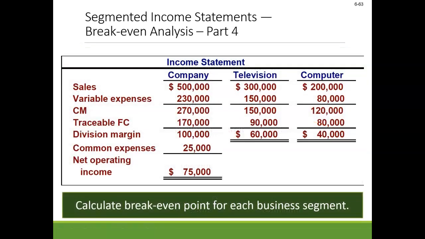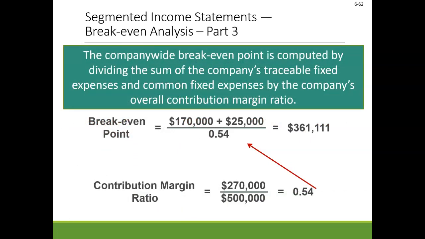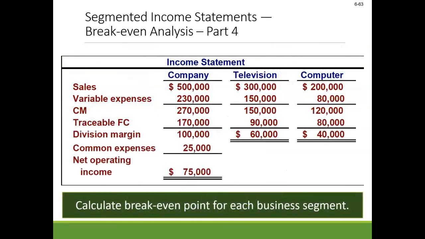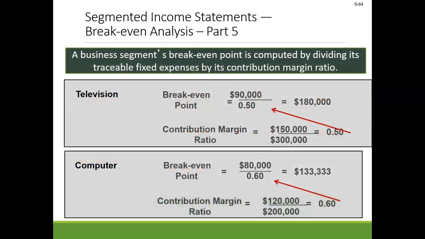If we have fixed expenses of the 170 and the 25, let me just make sure I'm putting this right. If we have our fixed expenses of the 195,000 and we divide that by our ratio, we know what our sales need to be, right? Or what we need to earn in order to cover the fixed expenses.